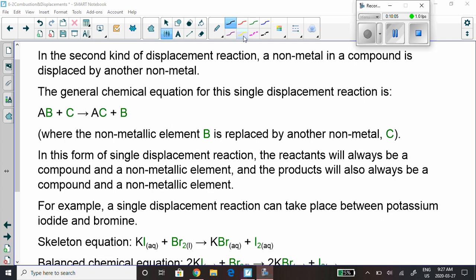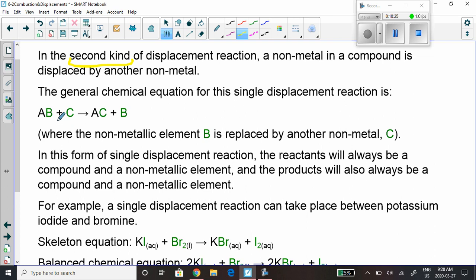Now, still with single displacement, there's a second kind of single displacement. In this situation, a nonmetal in a compound is displaced by another nonmetal. So now it's the nonmetal getting booted out of the compound and replaced by another nonmetal. Here's a general equation for this.